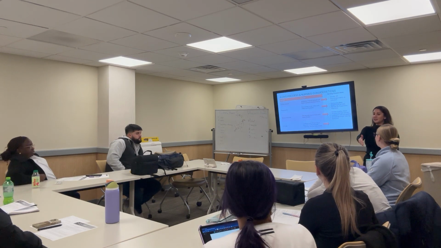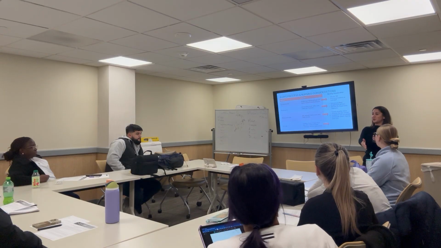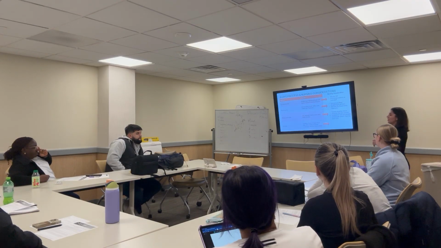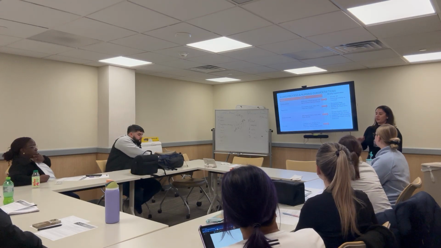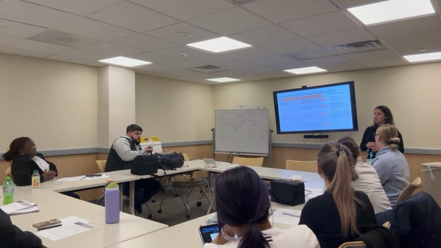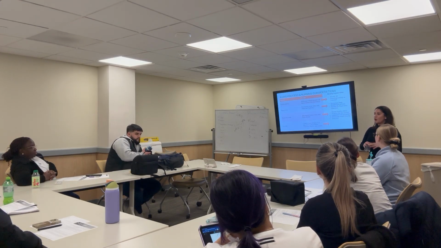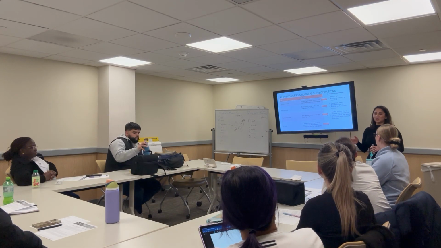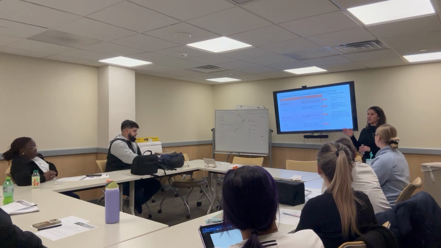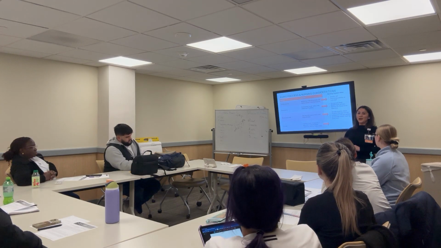So the first thing you might see is an acute change in their mental status, and we'll talk about that again shortly, because if you have a patient who's 30 years old and you get acute change in mental status, we all run wild, right? We're like, all right, we need to call a rapid response. But when you have your 70-year-old or 80-year-old patient who has a mental status change, sometimes people say, oh, he's just old.